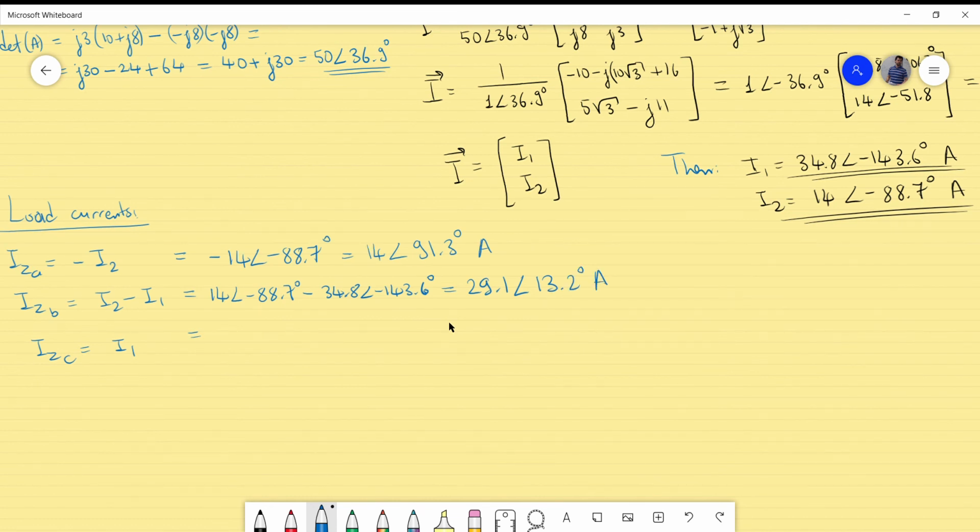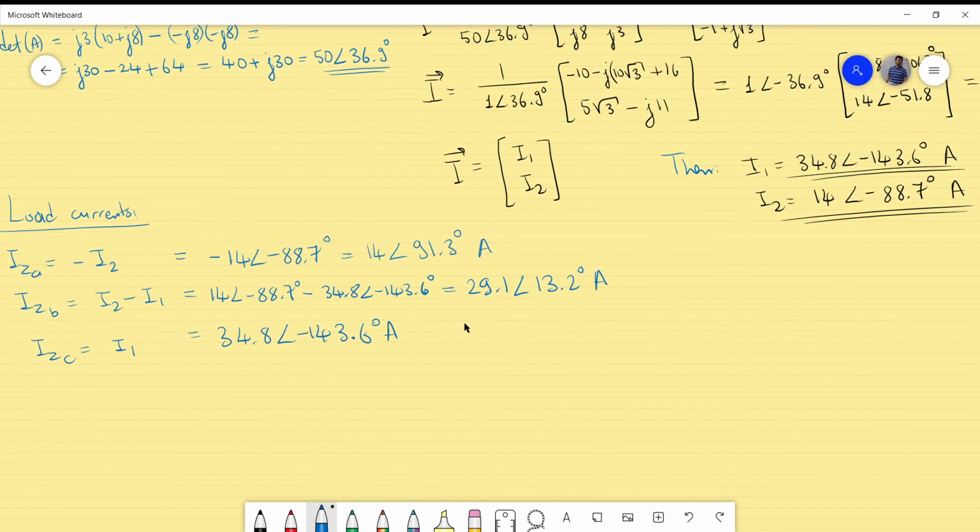And the last one is I1. Just copy what we have for IZ of C, which is I1, and this is 34.8, phase minus 143.6 degrees, and it's for the last one.